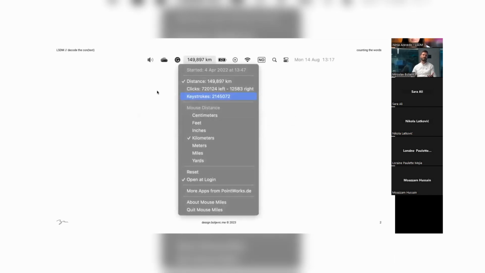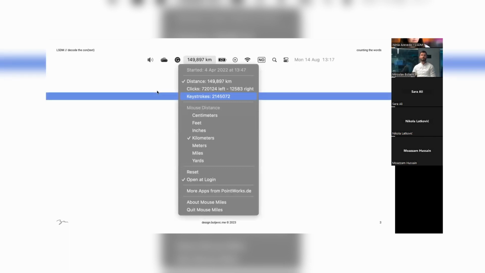We do create a lot of text. To find out exactly how much text I generate, a tracker was installed on my laptop. Tracking, as you can see on the screen, started on the 4th of April last year. During approximately 17 months of using this laptop, I have made more than 2 million keystrokes.